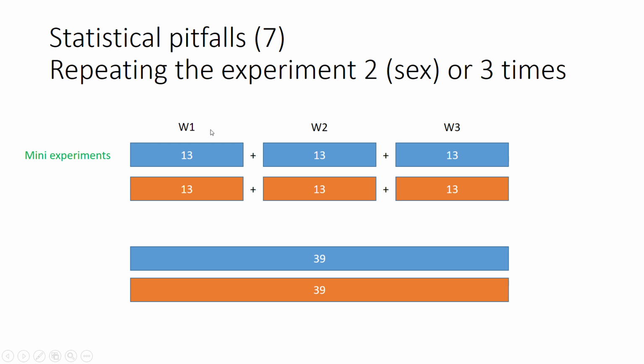So it is better than repeating, and the same applies to sex. So rather than repeating the experiment 3 times, it is better to make mini experiments and treat those mini experiments as blocks, and then analyze all the data together.